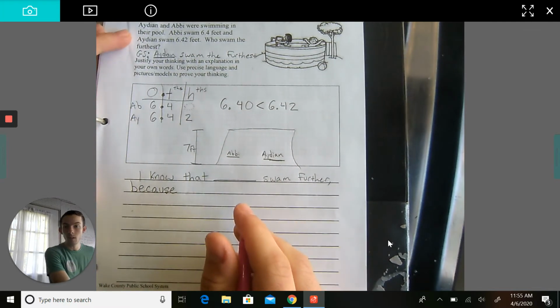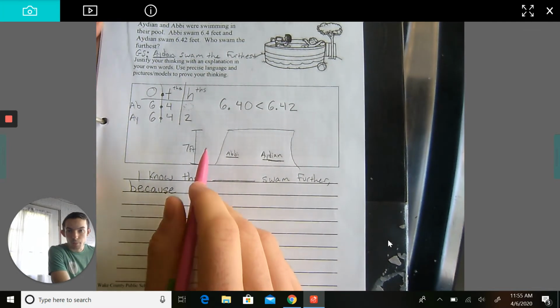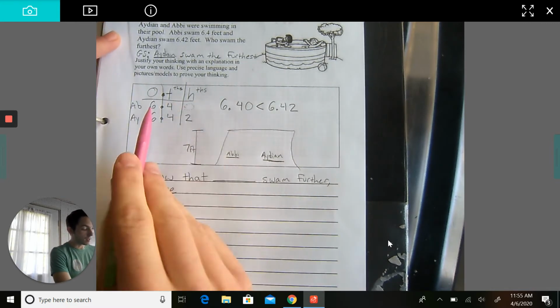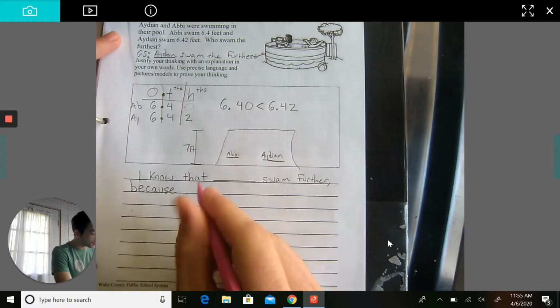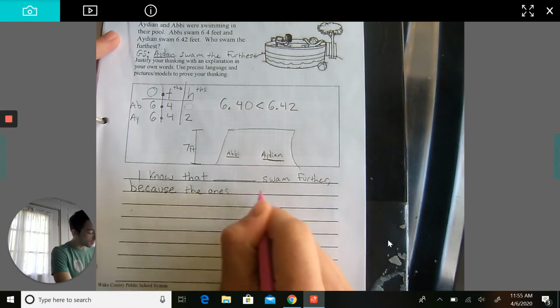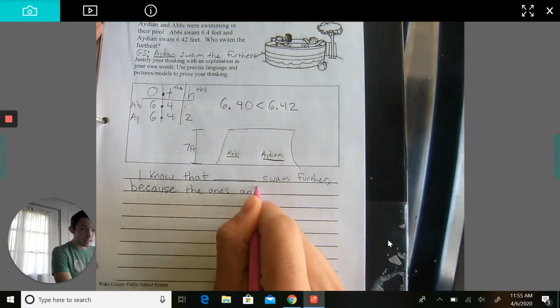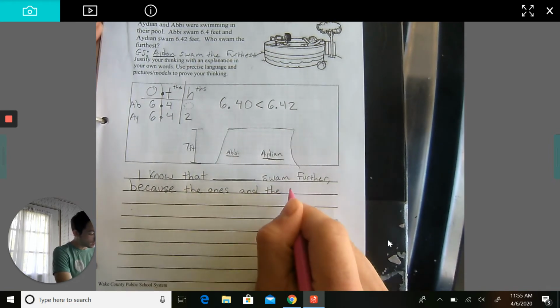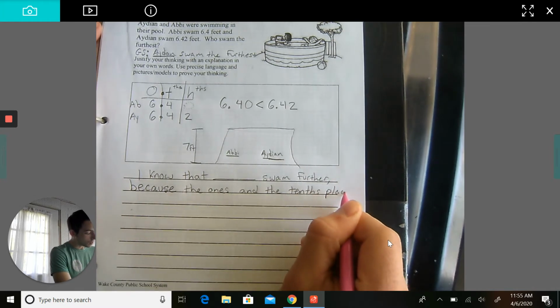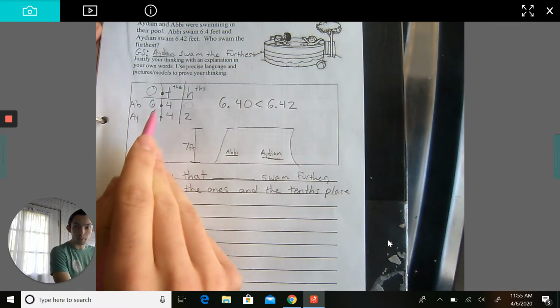Okay, welcome back. Thank you. After pausing the video, hopefully you might have something like the fact that because the ones and the tenths place, I'll write that down as I go. The ones and the tenths place. And what do you think I'm going to say here? What do we see when we look at our place value chart?